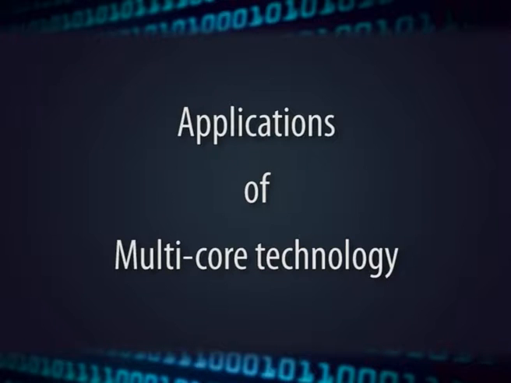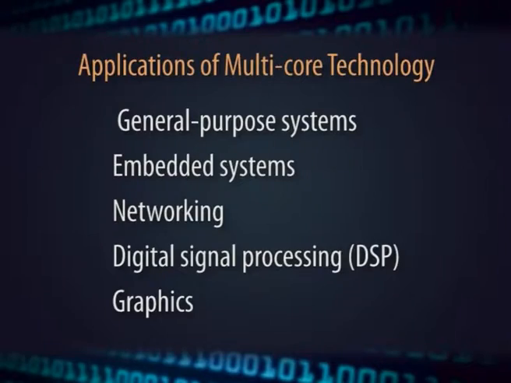Next, we discuss the various applications where this multi-core technology could be useful or has found a lot of utility so far. Multi-core processors are widely used across many application domains including general purpose systems, embedded systems, networking or digital signal processing and graphics.